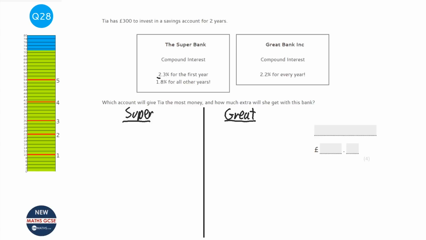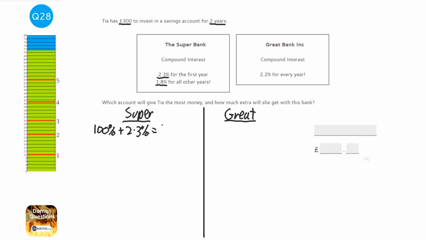It says we have 2.3% for the first year and 1.8% for all other years, and we're doing this for 2 years at £300. So first of all I want to work out what the multiplier is. Since this is the calculator paper, we use the multiplier method. So we start off with 100% always, and compound interest means we're gaining money, so we're going to go up by 2.3%.